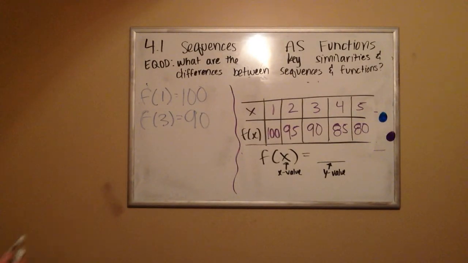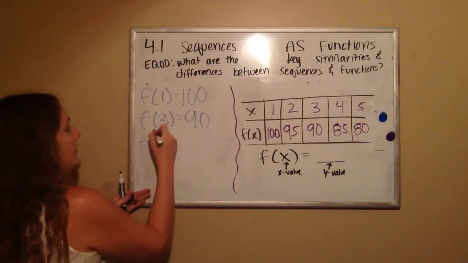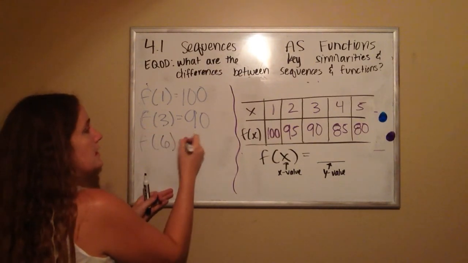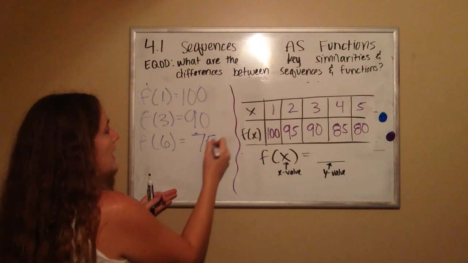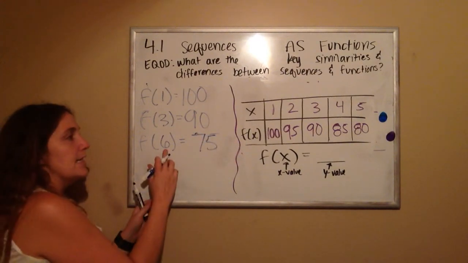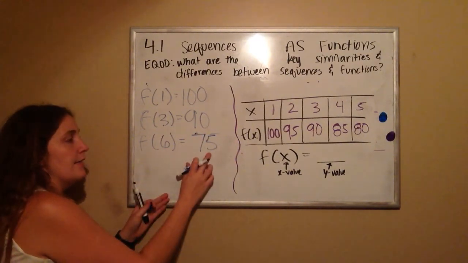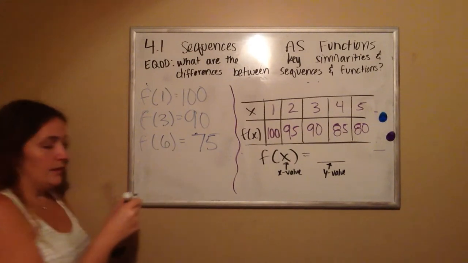If I were to write f of 6 is equal to 75, that means my 6th term is 75.